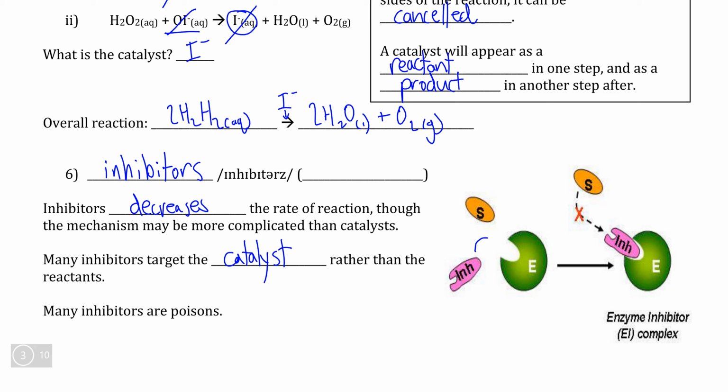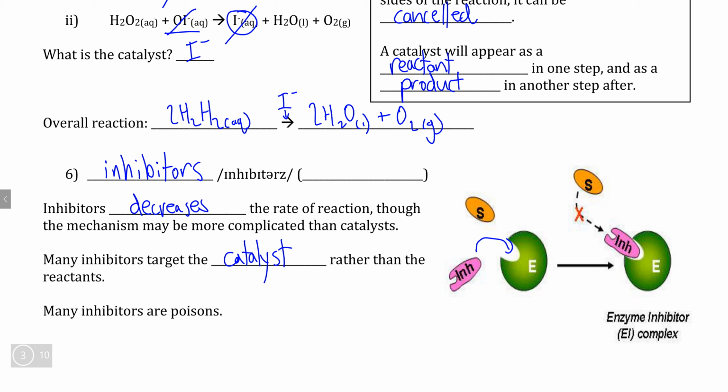Enzyme inhibitors actually usually look very similar to the reactant particle that the enzyme catalyzes, and if the inhibitor blocks the enzyme or blocks a catalyst from being able to work, it effectively stops the reaction from being able to happen unless we increase temperature. Many other inhibitors cause a side reaction to occur, producing an unintended product and therefore preventing the desirable products from happening.